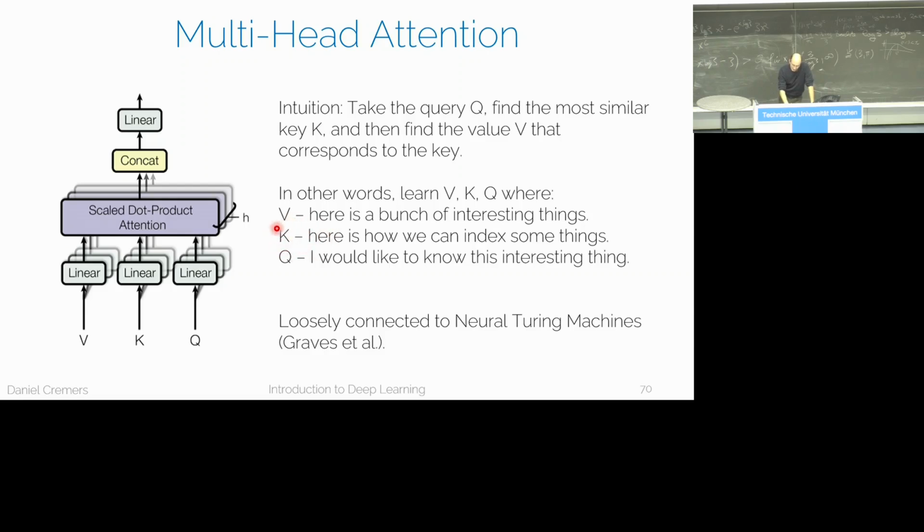And once the keys are identified to respond to a certain query, they come with a vector that allows to improve the embedding. For example, if the word is forest, and then I have green forest, right?